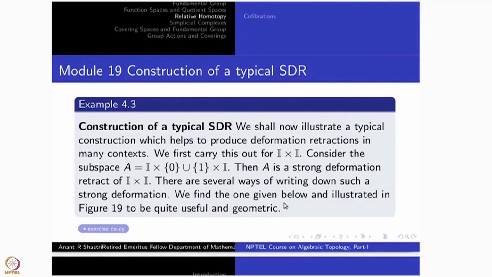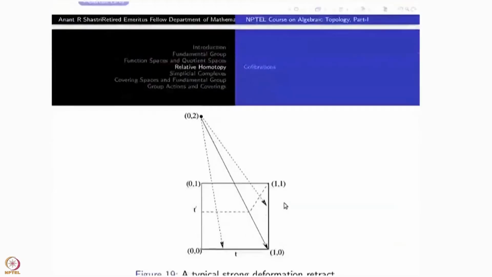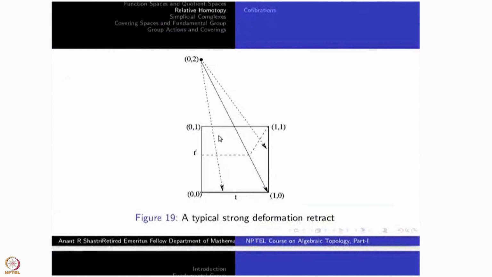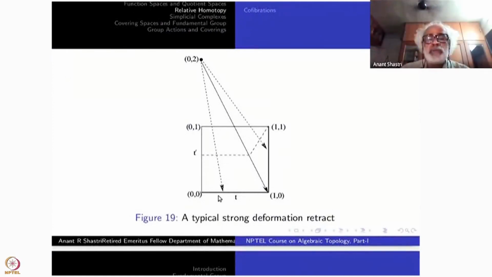So here it is. In I cross I I have chosen this I cross 0 and 1 cross I. This is my subspace A. I want to get a strong deformation retract of the entire square onto this subspace A.